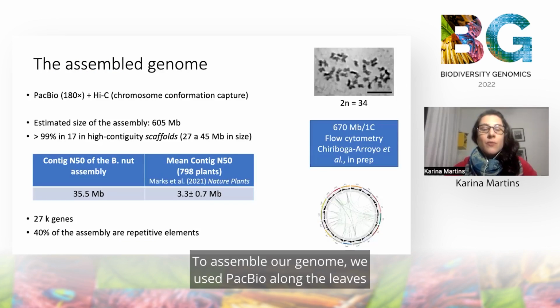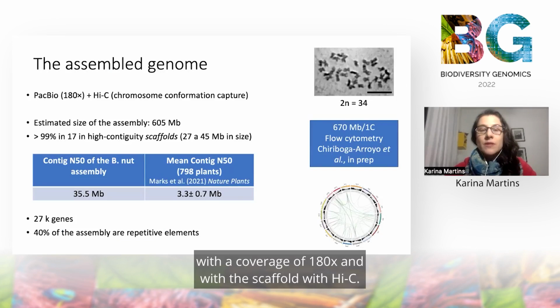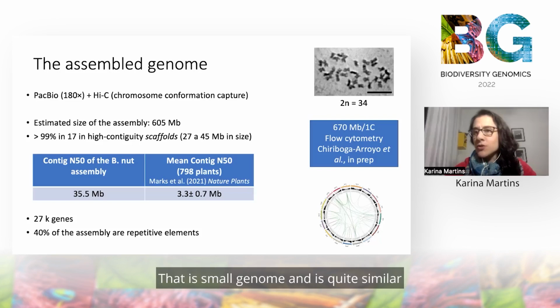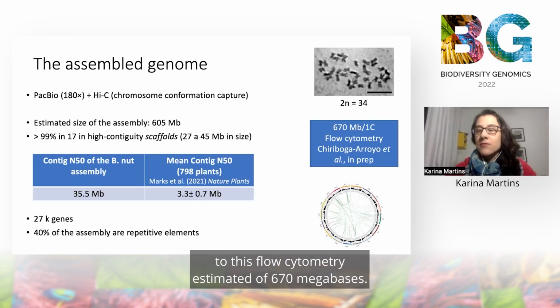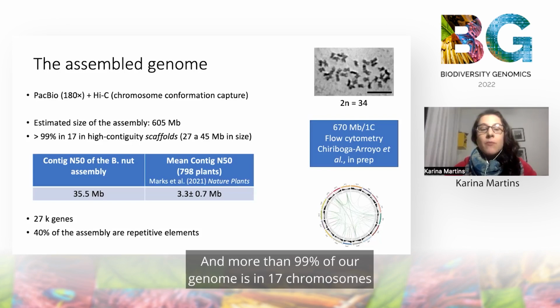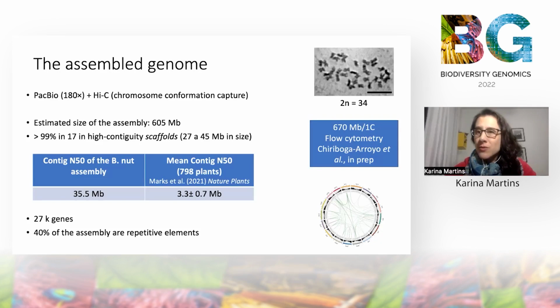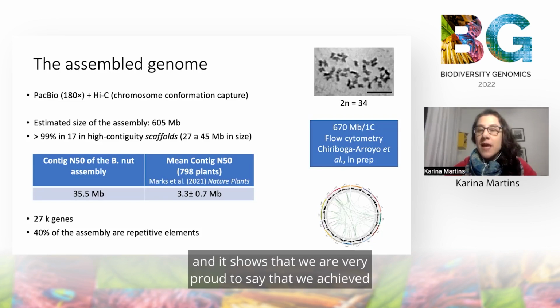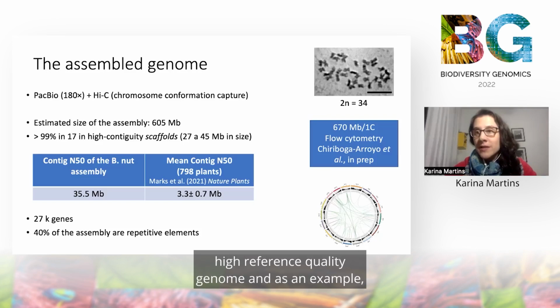To assemble our genome, we used PacBio long reads with a coverage of 108x and did the scaffolding with Hi-C. The estimated size of our assembly is 605 megabases, which is a small genome, and is quite similar to the flow cytometry estimate of 607 megabases. More than 99% of our genome is in 17 chromosomes, and we are very proud to say that we achieved a reference quality genome.